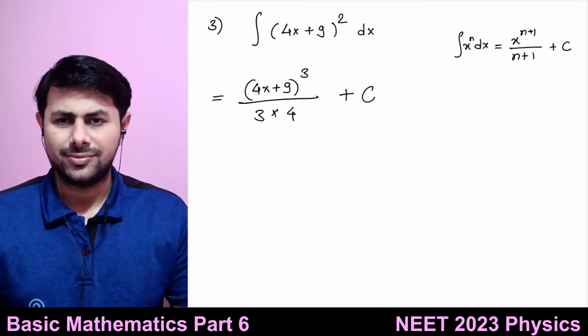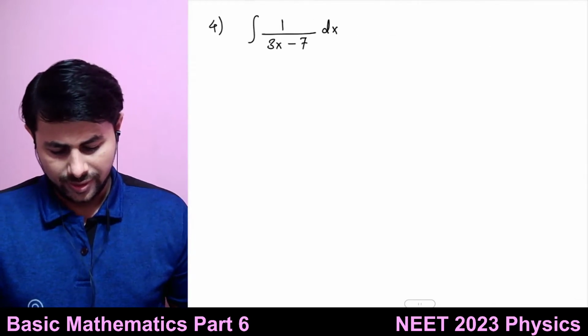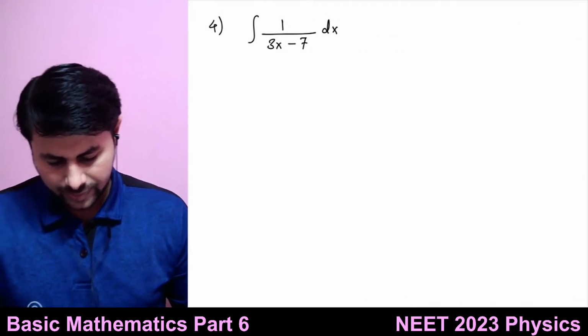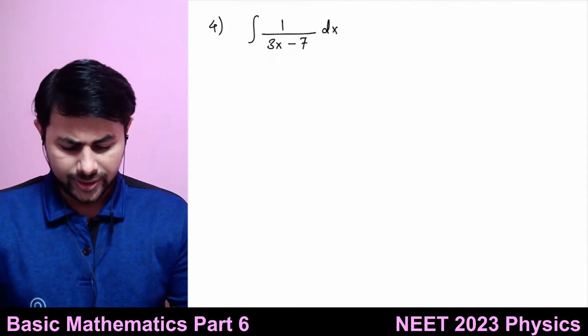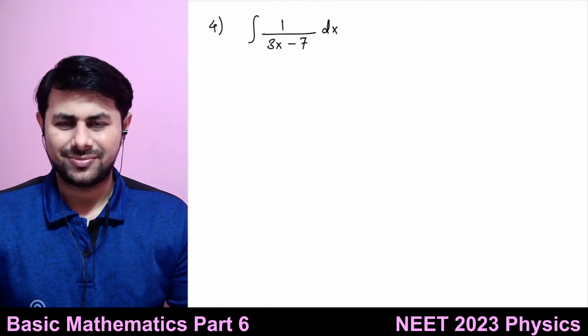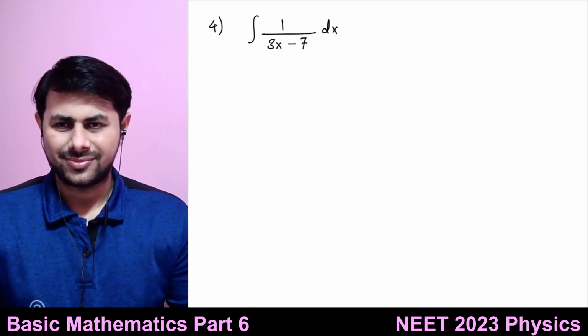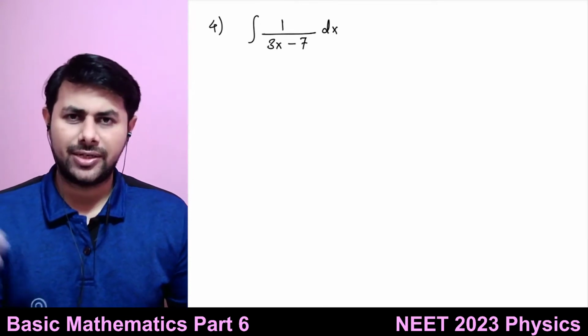Got it? Yes, sir. Okay, one more problem. So I have this integral 1 upon 3x minus 7. So what will be the integral of this? Okay, so do you have some function whose derivative is 1 by x?